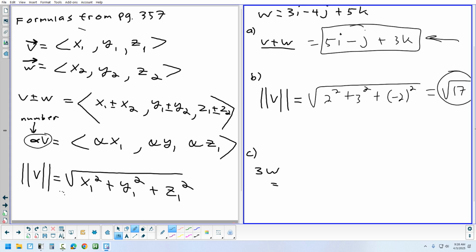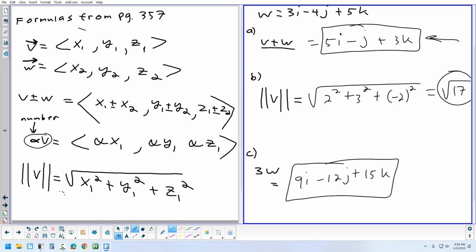What would 3w be? 9i minus 12j plus 15k. Yep. So triple each component. 9i minus 12j plus 15k. There we go. Any question on that?